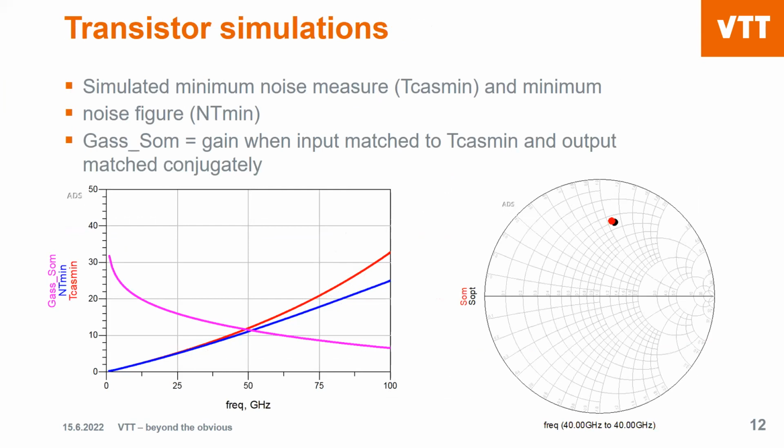And now I did a simulation in ADS for the transistor that you have. The red one is the T_cas,min that I've been talking about a lot. The blue one is the minimum noise figure, which you usually get when you buy a transistor, or they give you the data, as Miguel was discussing.